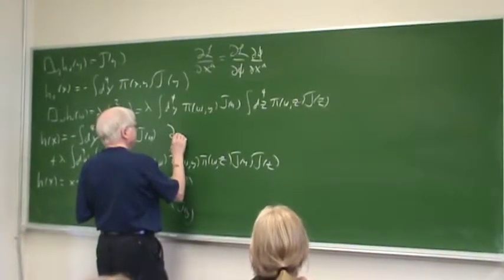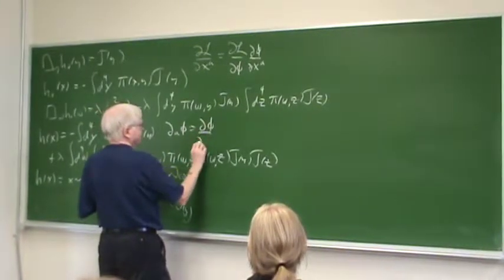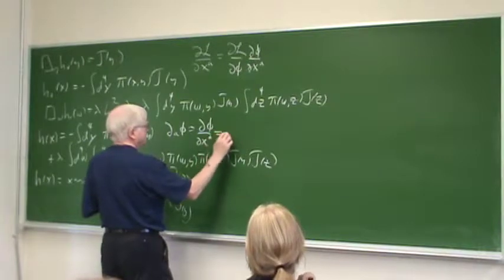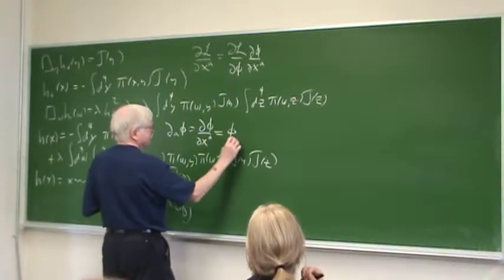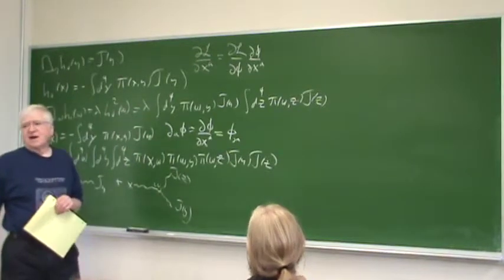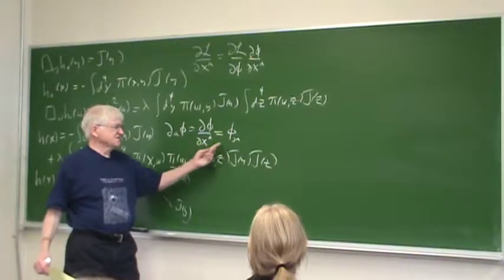Maybe it'll be strange to you, but I'm going to write this. We've been writing this way: d_A phi is partial phi partial x^A. I'm going to also say that this is phi sub comma A. It just means that instead of writing partial and x, you just write a comma.